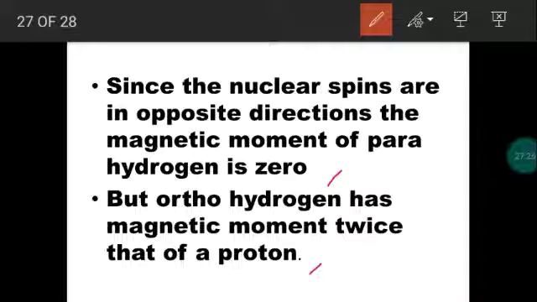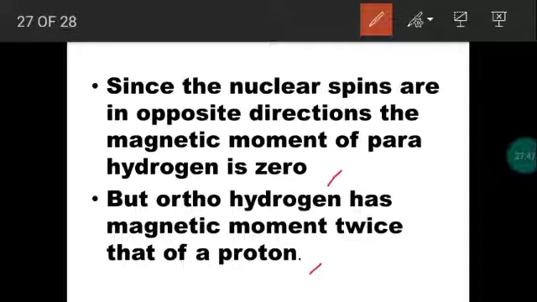For a single hydrogen atom, whatever the magnetic moment is, when you multiply by 2, you will get the magnetic moment of the orthohydrogen molecule, because both the nuclei of the hydrogen atoms in orthohydrogen spin in the same direction. So the magnetic moment of single hydrogen will be multiplied by 2, and twice the value will be obtained.